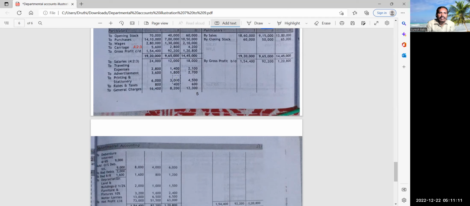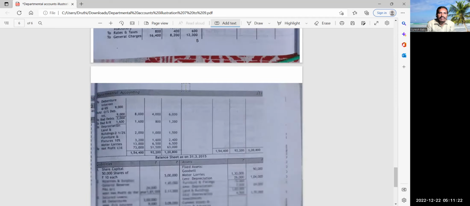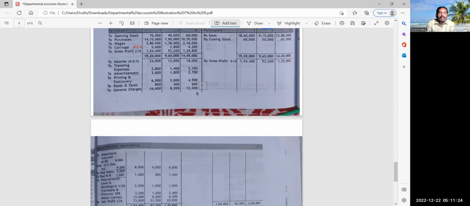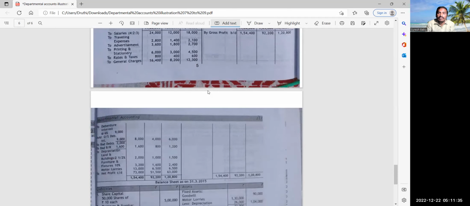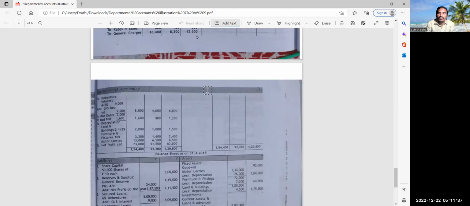Advertising, same: 3,600, 1,800, 2,700. Printing and stationery, 6,000, 3,000, 4,500. Rates and taxes, 800, 400, and 600. General charges, 16,400, 8,700, 12,000. This apportionment calculation is 4:2:3.